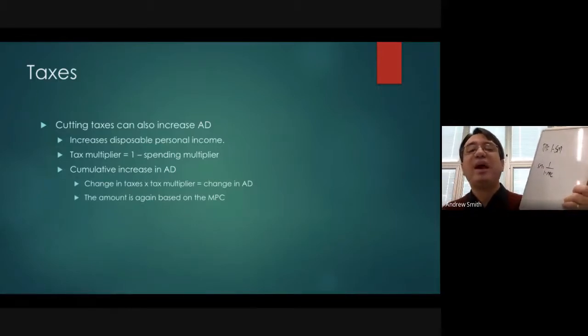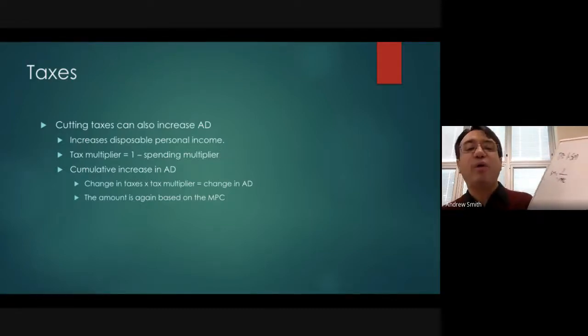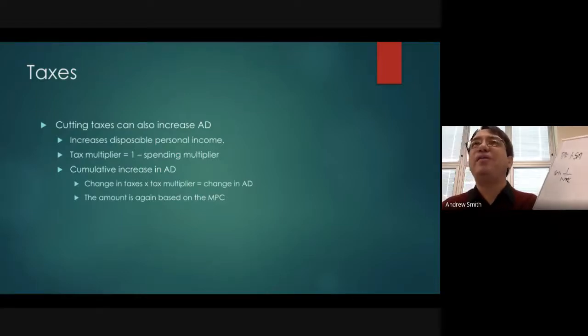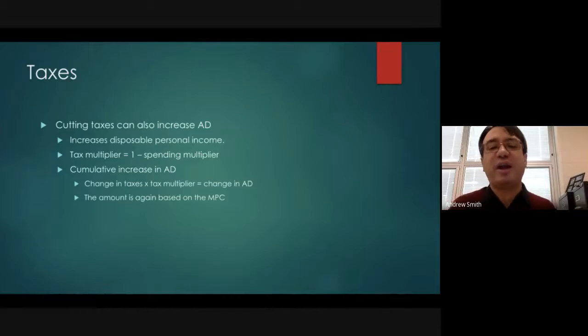So when we cut taxes, it will increase aggregate demand. So the change in taxes times the tax multiplier would be a change in aggregate demand. So if we lower taxes by, say, 10%, we lower taxes by $100 million, multiply that times the tax multiplier, that's -3, and boom, that's going to be $200 million worth of increase in aggregate demand.